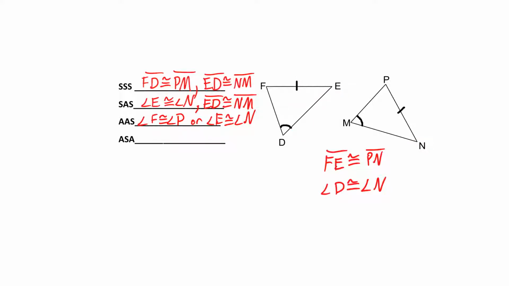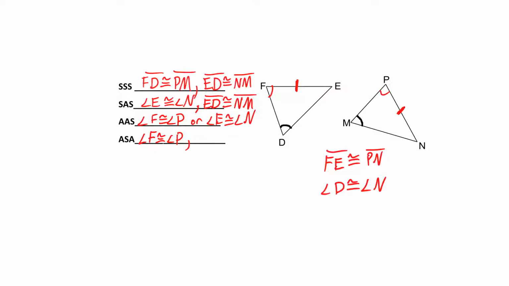All right, and then on the last one, angle side angle. I think the easiest way to do that is just to use this right here, because angles take less letters to write. So I'm going to say angle F congruent to angle P. That makes this angle congruent to this angle.